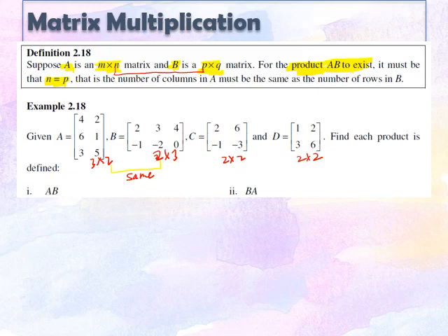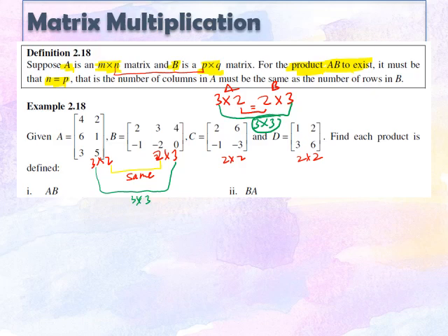The result will be a 3 by 3 matrix. Between 3 by 2 and 2 by 3, the result that we will obtain is 3 by 3. So the resulting matrix should be of order 3 by 3. If not, you are doing it wrongly.